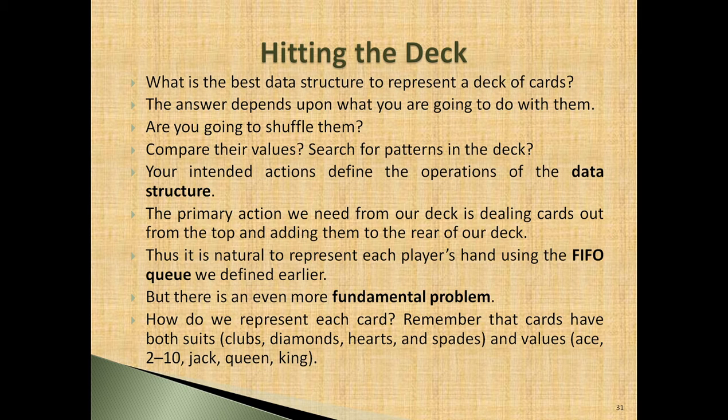So how do we represent each card? Remember that there are two parts, suits and values. If I want to solve this problem with the given data structure, I should remember that it consists of two representations. One is the suits, the symbols represented on the card: club, diamond, heart and spades.